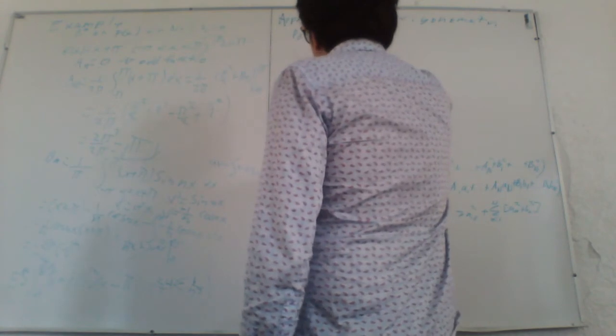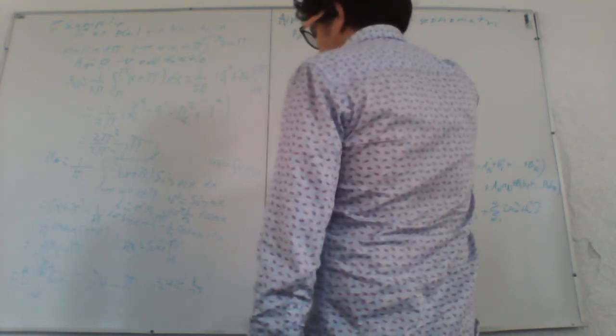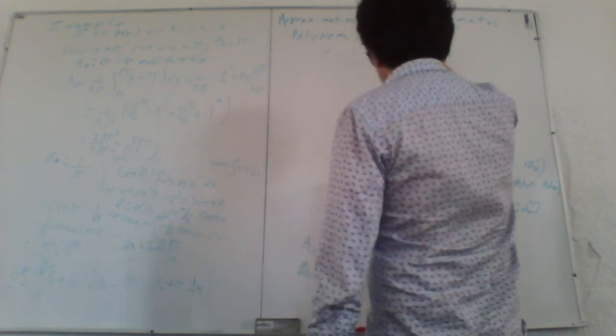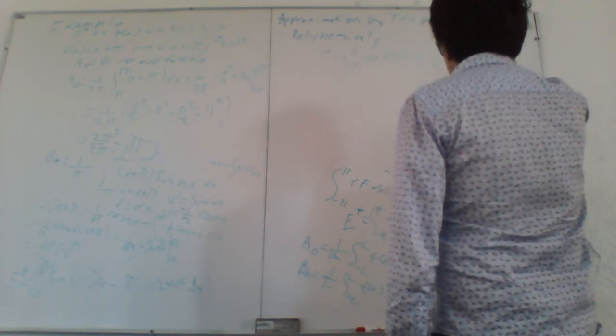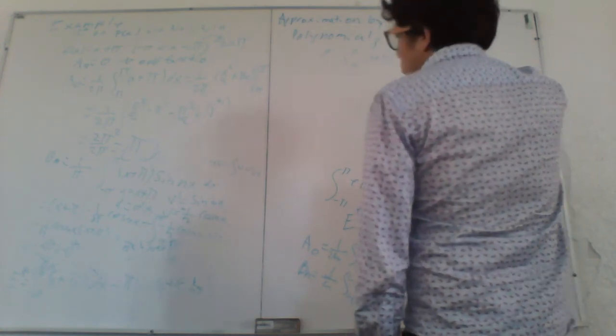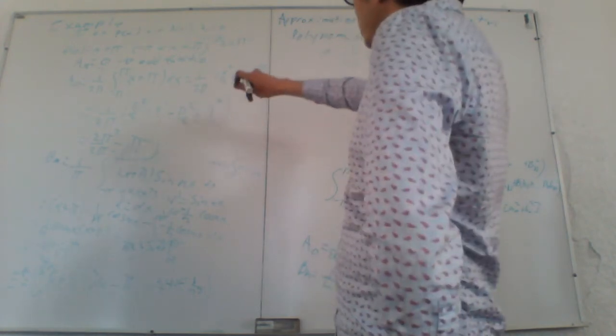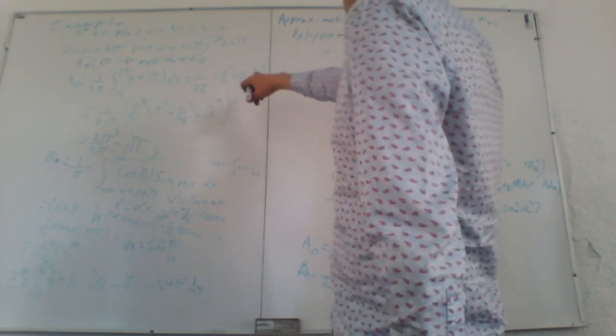If we want to calculate the integral from minus pi to pi of x plus pi dx, that is equal, we are going to see, to x squared over 2 plus pi x from minus pi to pi, and this is equal to this answer. I remember. Let me see. What's this one?